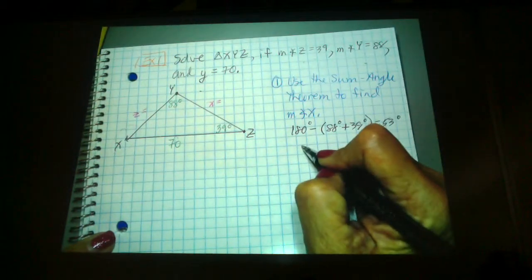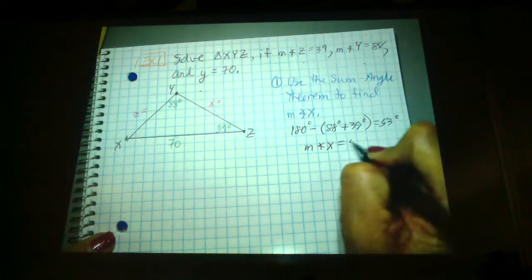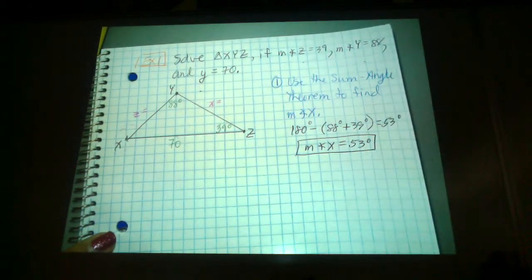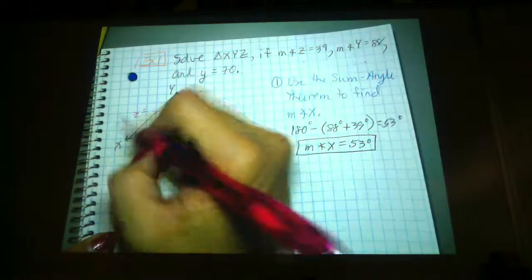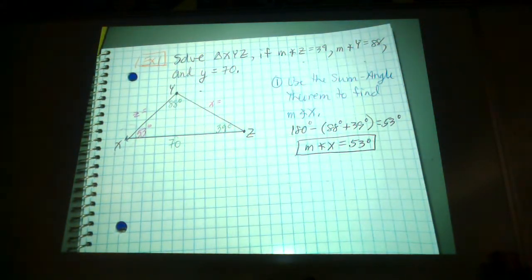So I know that the measure of angle X is equal to 53 degrees. So there's one down, two to go. So I'm going to put 53 degrees in my picture so I can use it appropriately later.